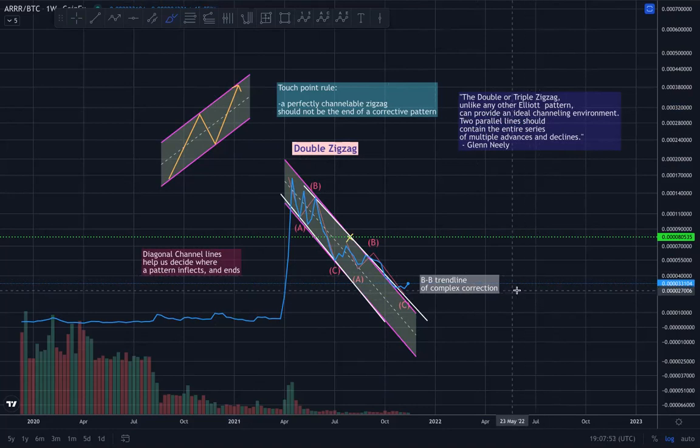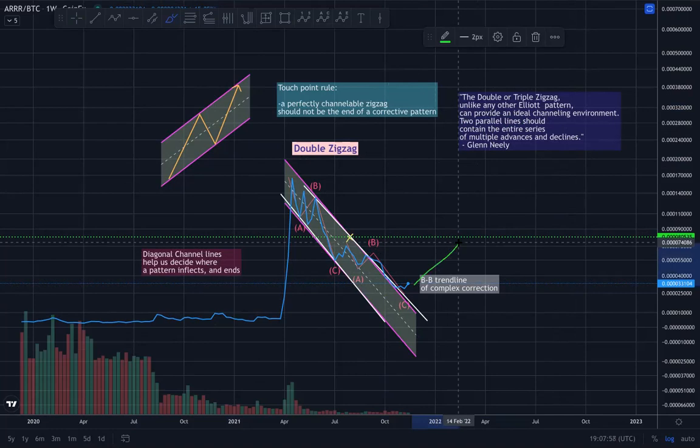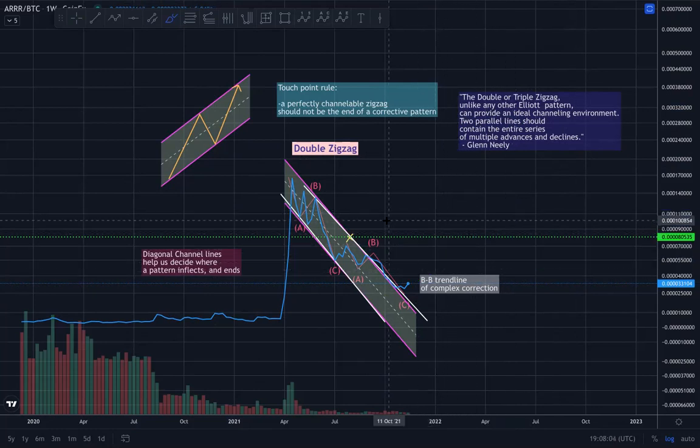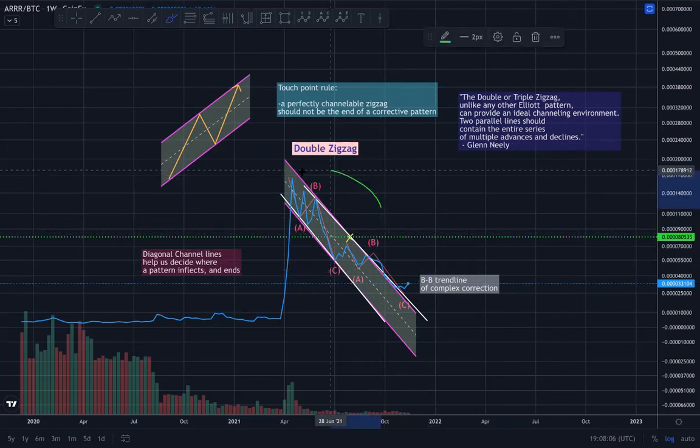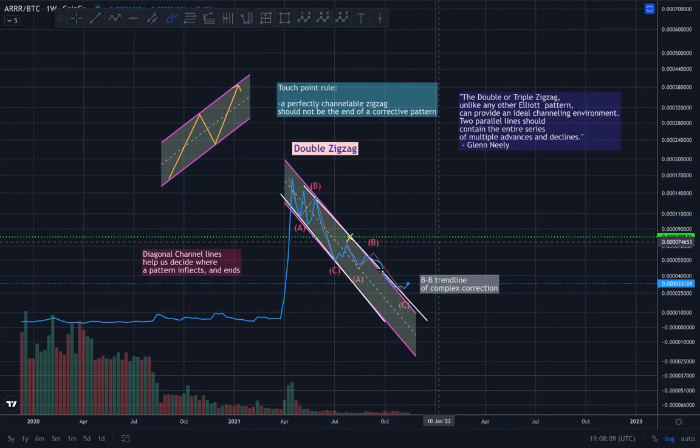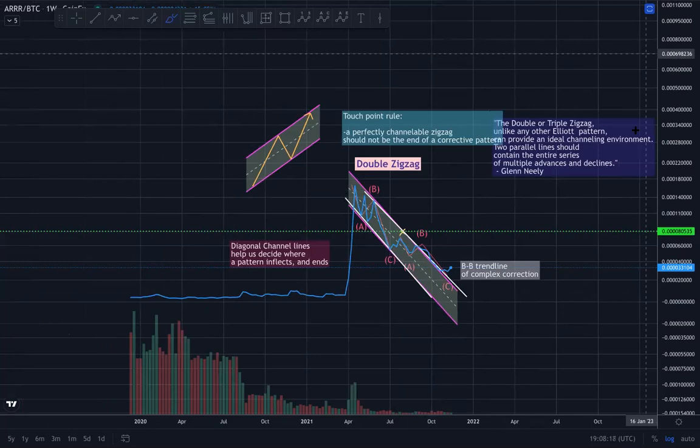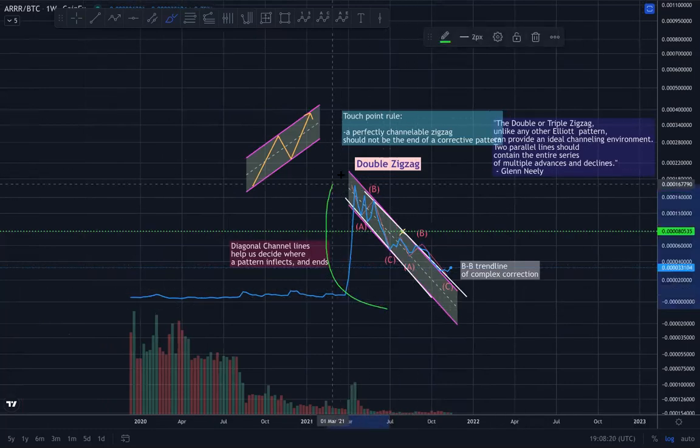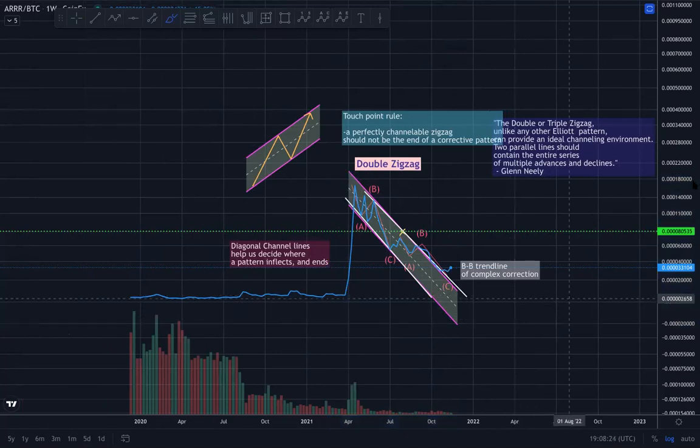So what does this really matter? Well, it helps us to potentially see where we might go next, on a bigger degree, maybe the same degree as this zigzag. Where are we going? It also gives us an idea, with a double zigzag as a possible corrective pattern, where we are going on a bigger degree scale that includes both the impulse up and the corrective pattern down.